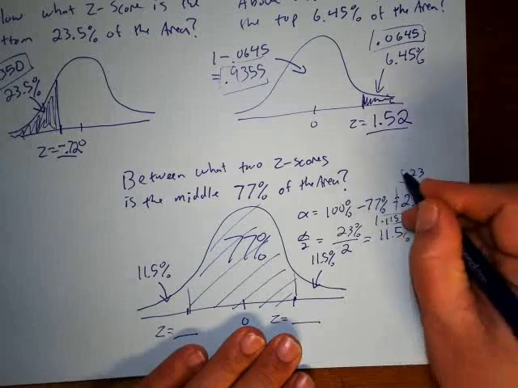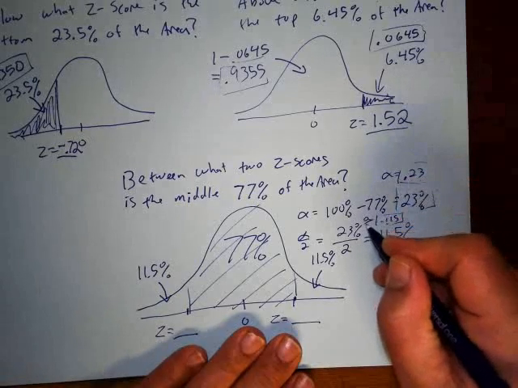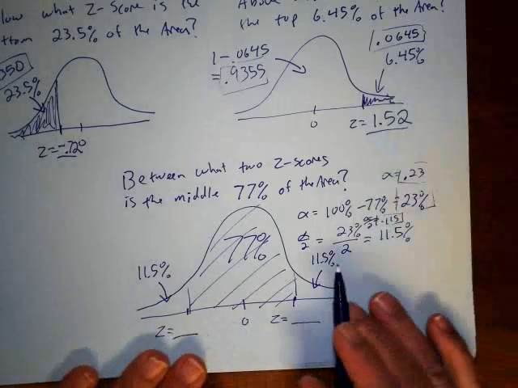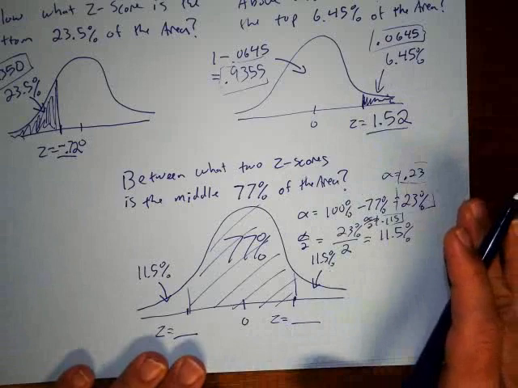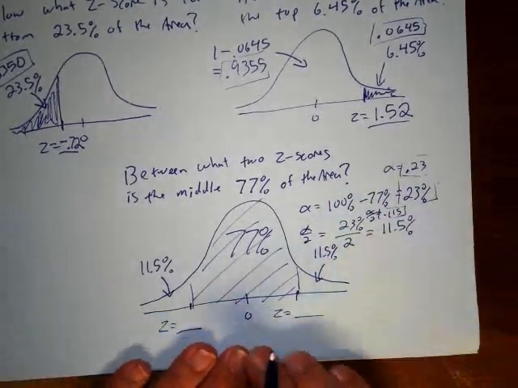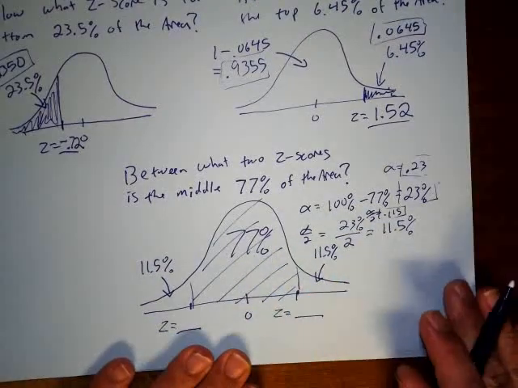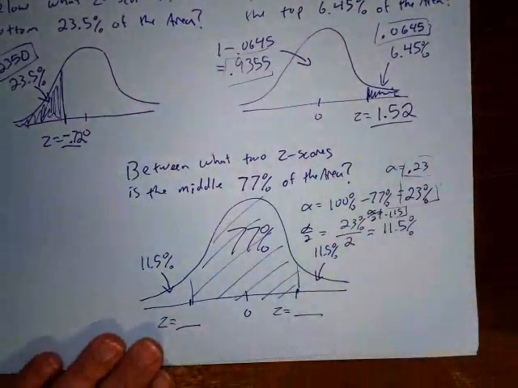It'll be a decimal number. But this would be alpha, and this would be alpha over 2. You'll see those when we get to chapters 7 and 8. Don't worry about it now, but it is something that you'll see later on. And if you're wondering where these are coming from, this is actually where it's coming from.